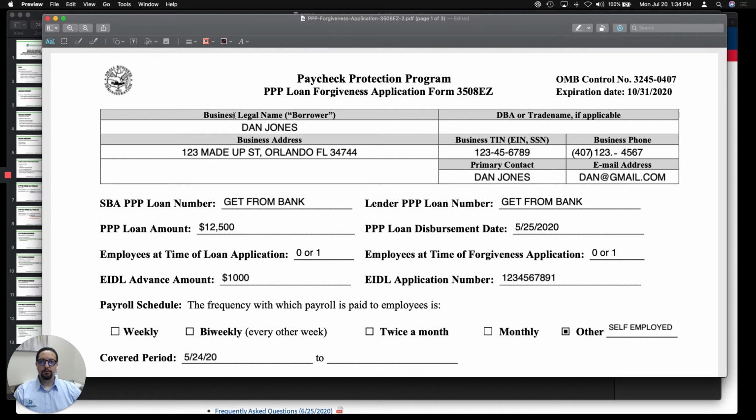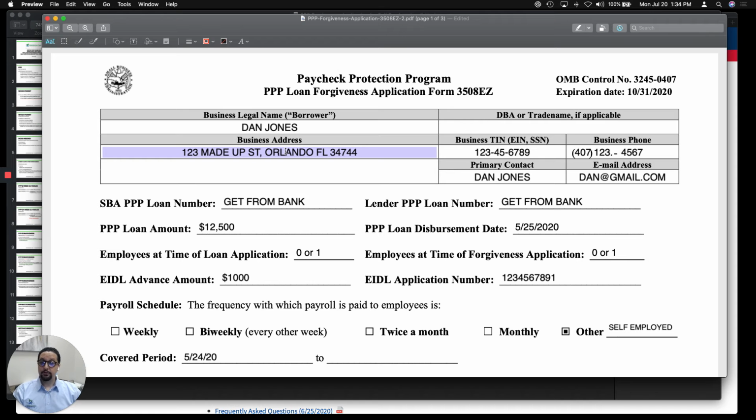First of all is your business legal name. Now, if you're self-employed and you are not working under an LLC, you just put your name here. If you are working under an LLC, you have to put your legal LLC name in this box, okay? Then a DBA or a trade name. So if you are working under a DBA, then you can add your DBA here.